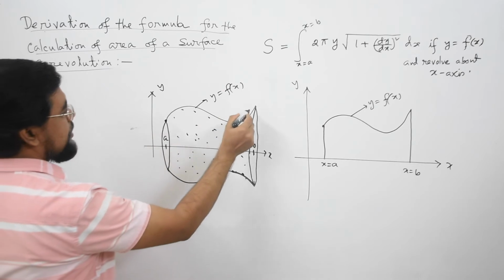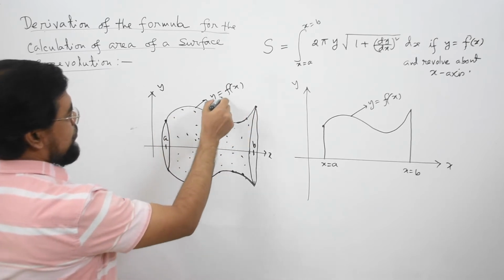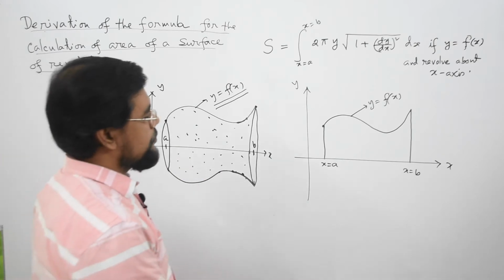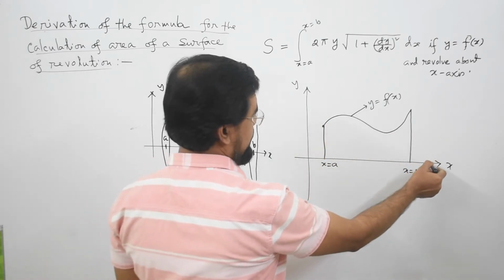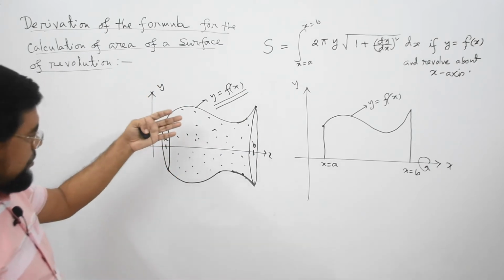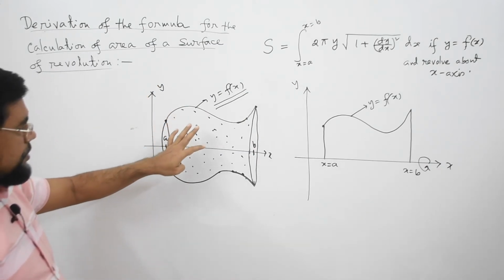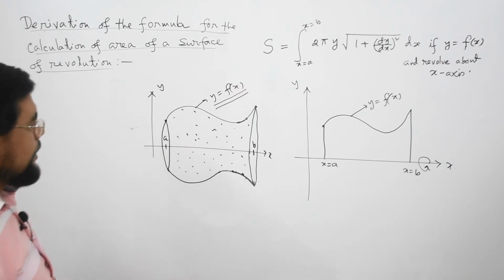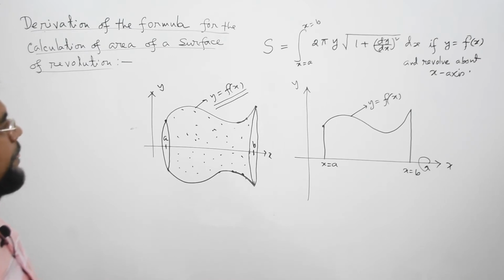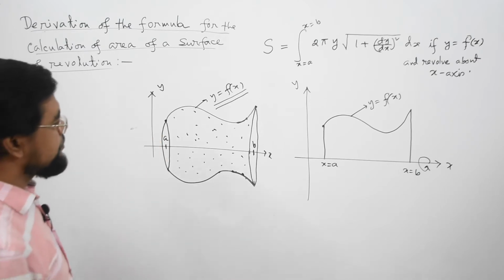Let us consider a curve like this, y as a function of x, and if we revolve this curve about the x-axis, then we will get a solid shape with empty interior like this. How can we calculate the surface area? With the help of integration.